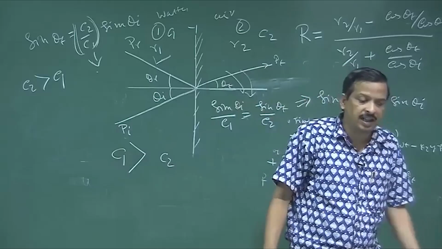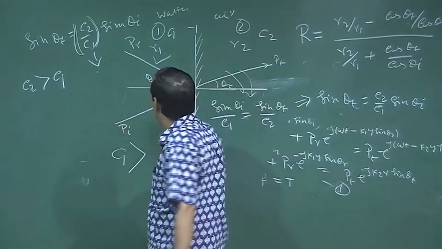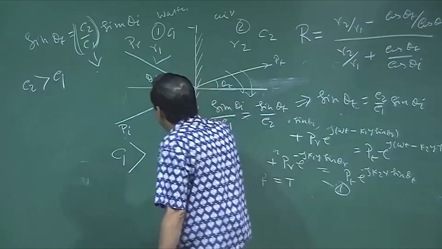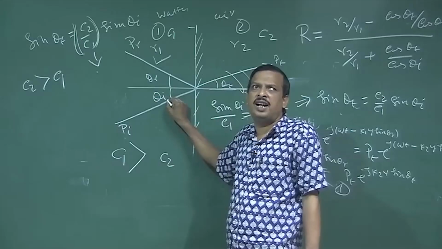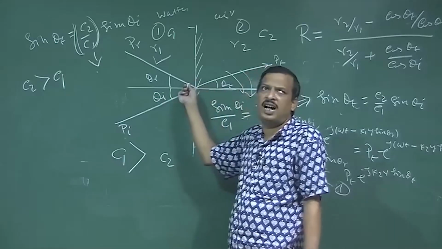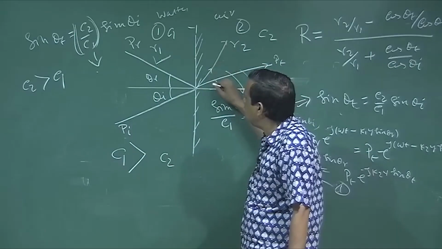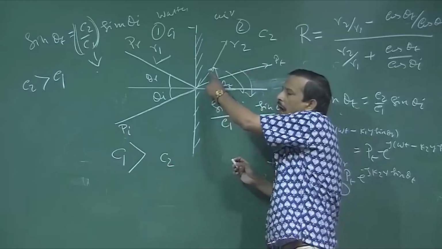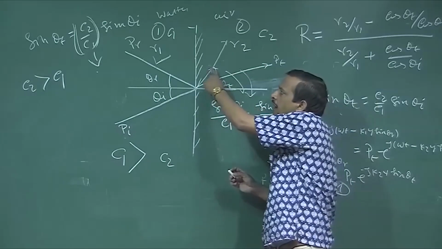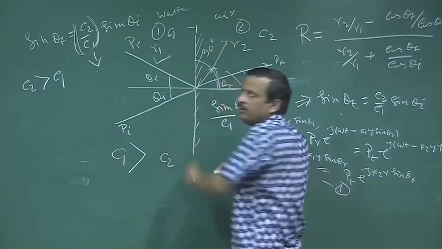So, now I can say that theta t may be greater than theta I. So, theta t is greater than theta I, that means the transmitted wave will go away from the normal. So, if it goes away from the normal, maximum it can go to 90 degrees.